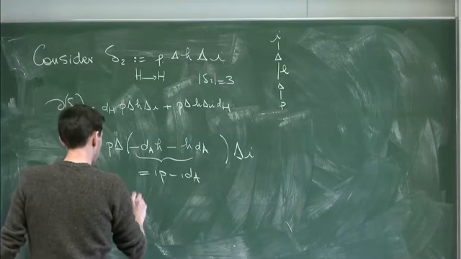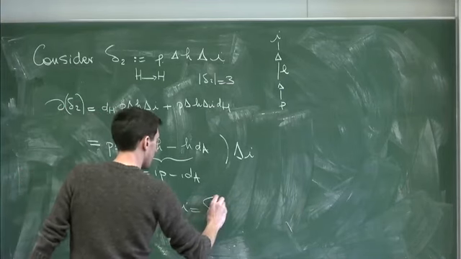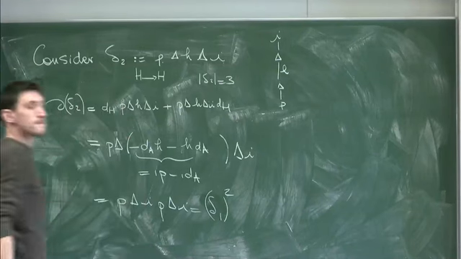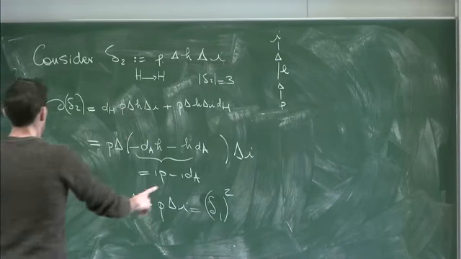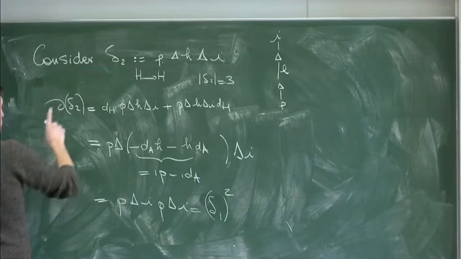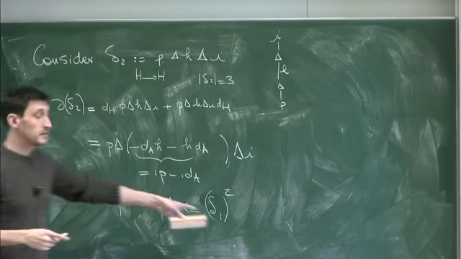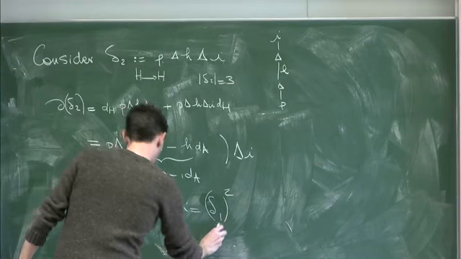We get P delta I. Oh, but that's exactly delta 1 squared. So we made precise that sentence. Delta squared is not equal to 0, it's equal to the image of a certain element under the boundary map. So this is 0 up to the homotopy delta 2.